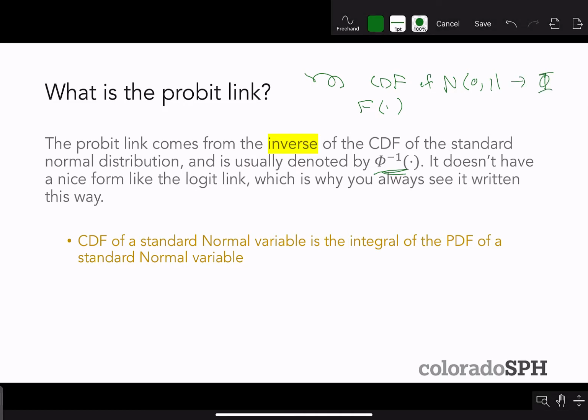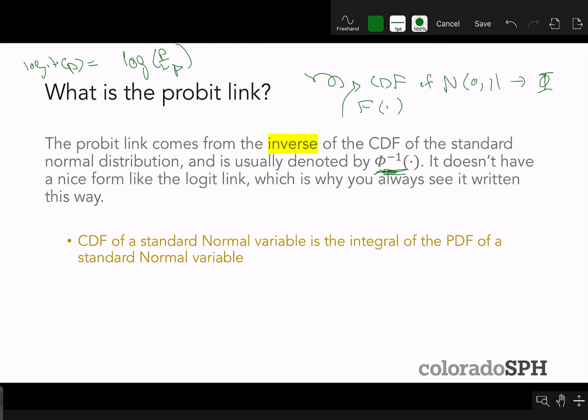Why don't we just write it out? Like for the logit, we might write out that what that actually is equal to, which is log of p over 1 minus p. Well, the reason that it's usually written as this phi in the case of talking about the CDF, or phi inverse when you're talking about the actual Probit link, is that it doesn't really have a nice form like the logit link does.